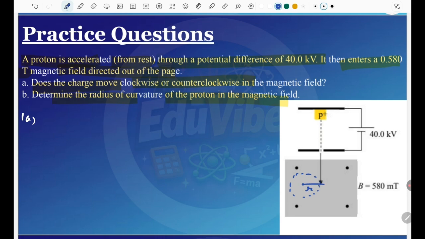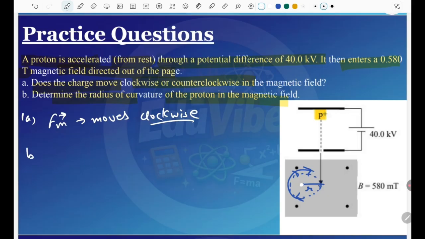When it goes from here to here, following this path, it goes in the clockwise direction. So the magnetic force moves the proton clockwise, and we have the radius of this.